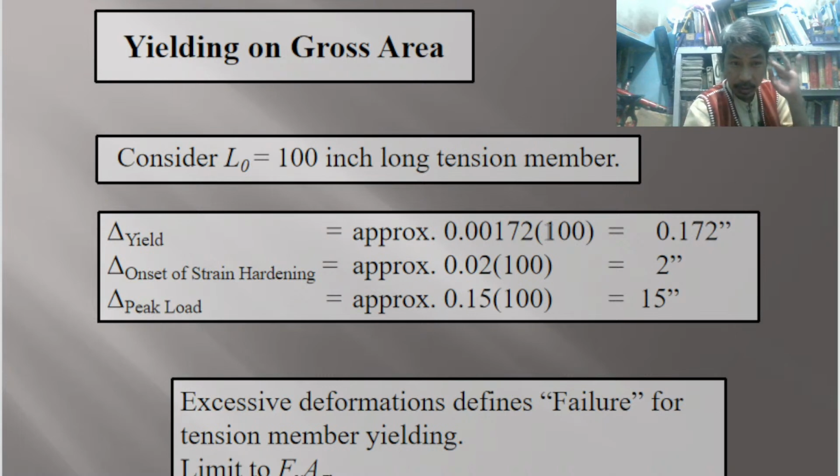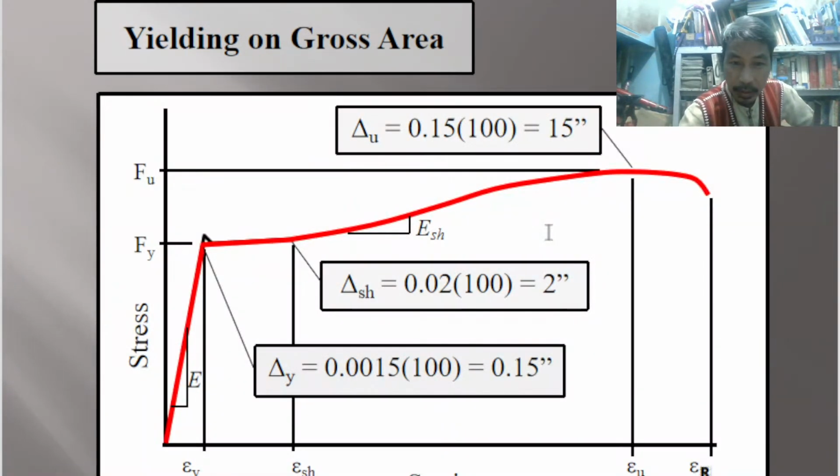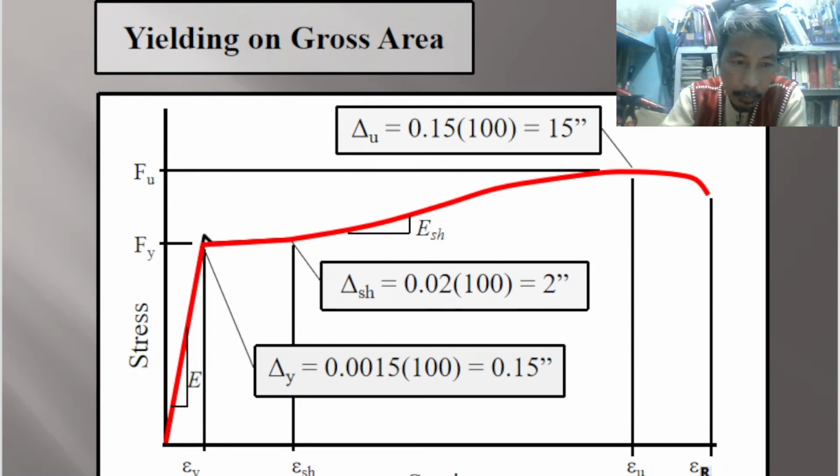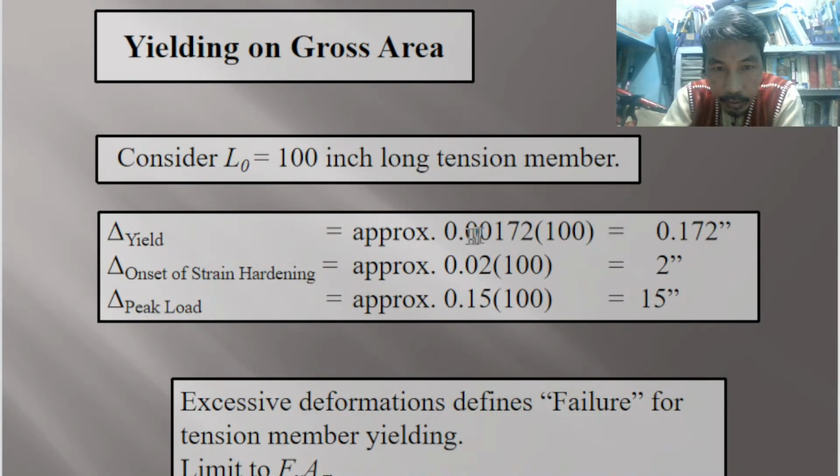Take note of that. Okay, if you can go back, we use 0.0015 here corresponding to the yield point. But actually, that is not precisely exactly at the point of yield. So at the point of maximum yield, we have 0.172 inches.